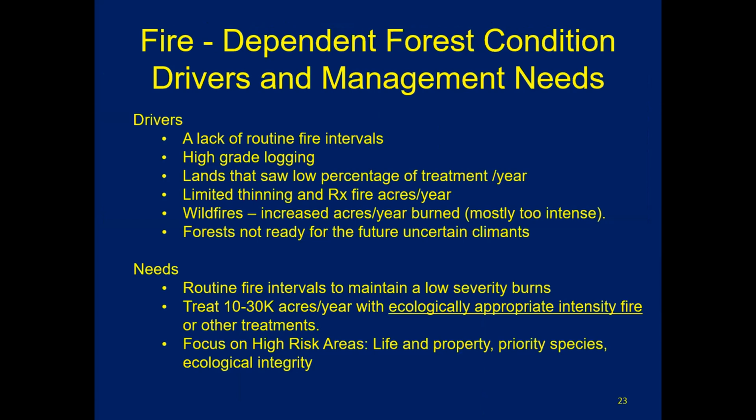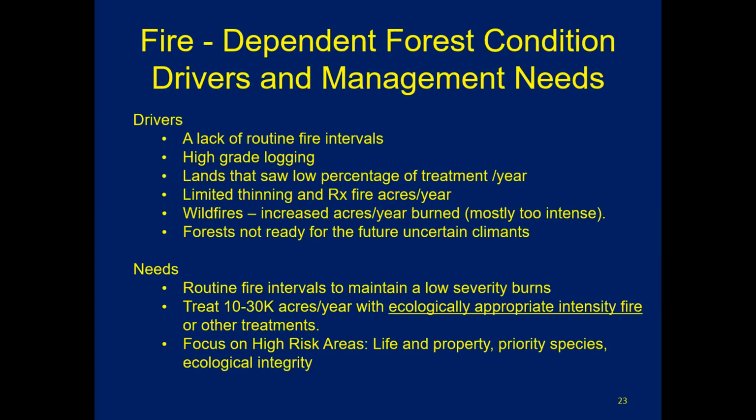We've seen some, and this is on DFW lands that we're talking about here, we've seen a lot of high grade logging. DFW has inherited a lot of lands that came from other ownerships where they've taken out all the good timber and left more of the trashy timber, or taken out too much.